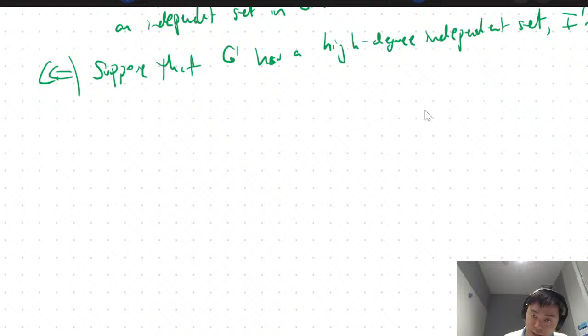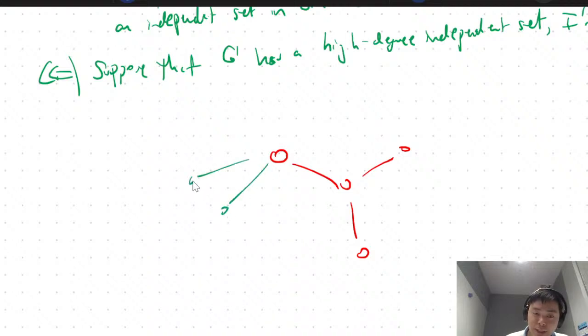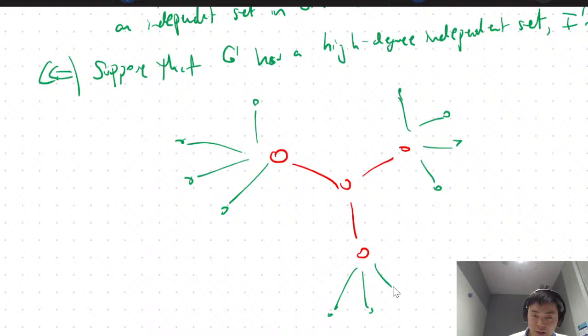So if you imagine the original graph might look something like this, but then I blow up every vertex. And what I claim is, even if I blow up all the vertices, the high degree independent set must come from the red vertices here.